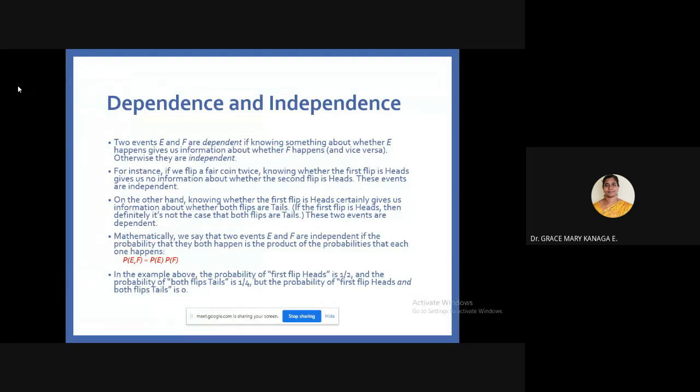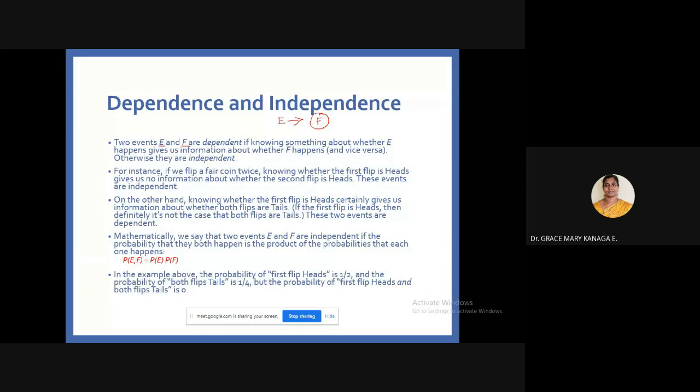So if knowing that E occurs gives some information about whether F happens, then E and F are dependent, and vice versa.